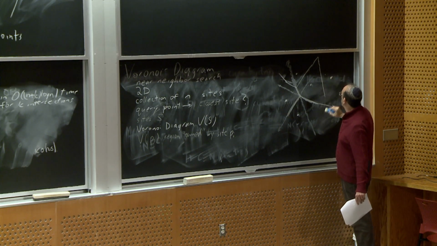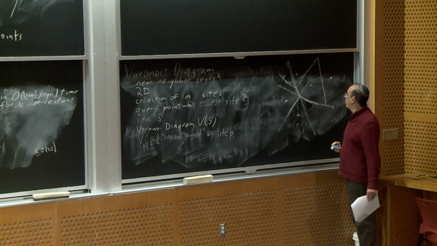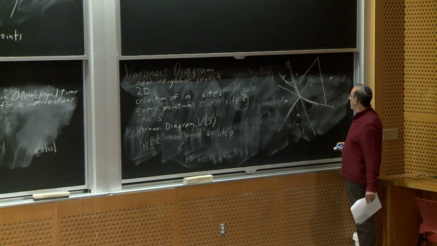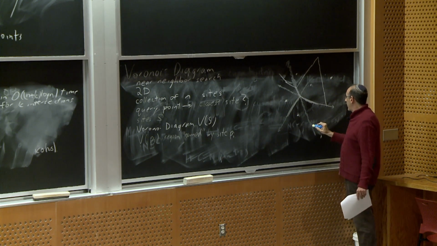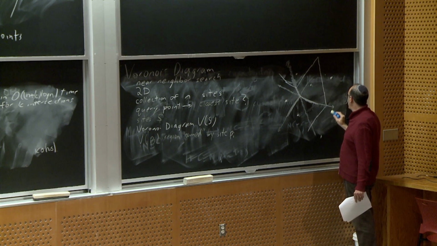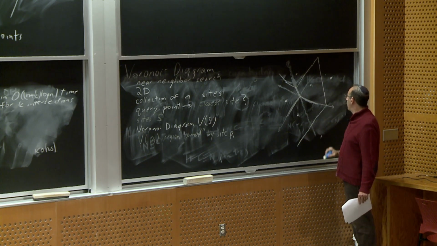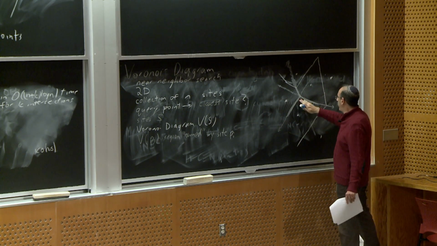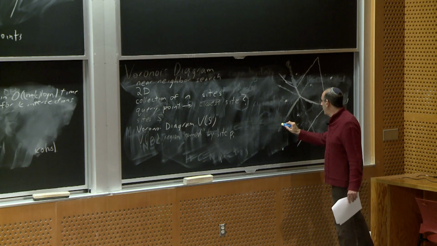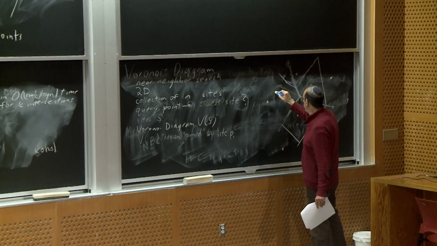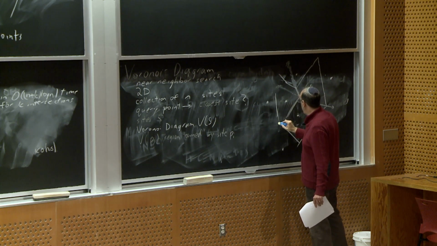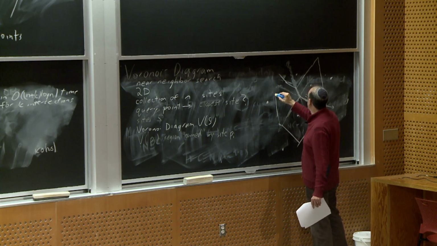And eventually, when one point gets surrounded by other points, its Voronoi region becomes bounded. So I can keep doing this. I can keep drawing these different Voronoi regions, and I get myself this beautiful Voronoi diagram, which maps out these different regions.